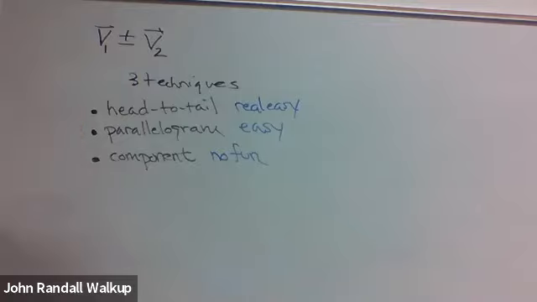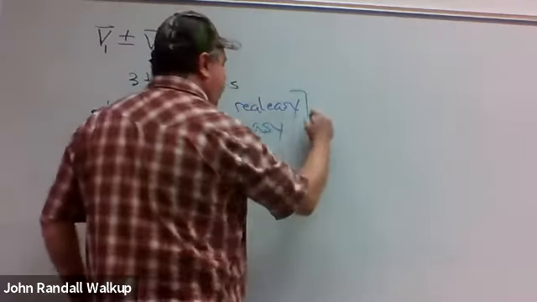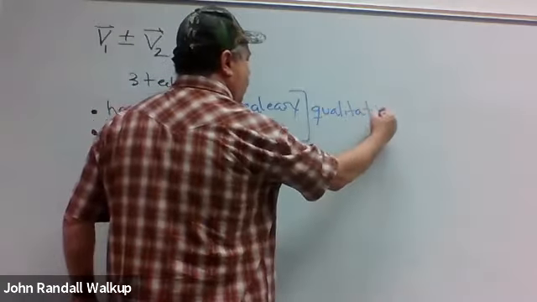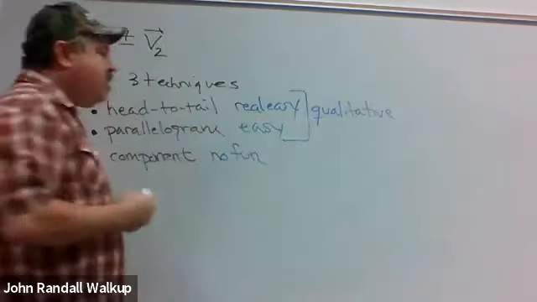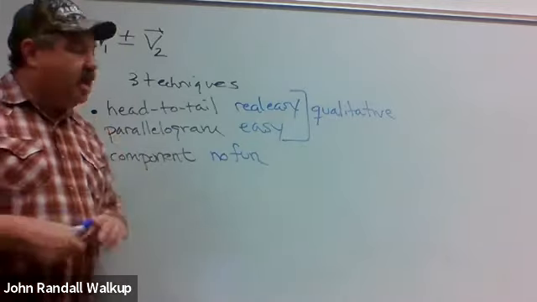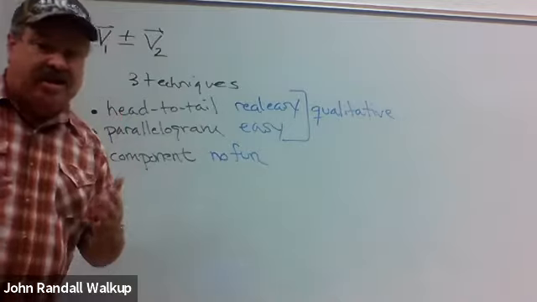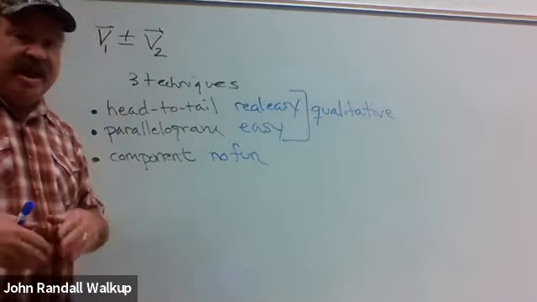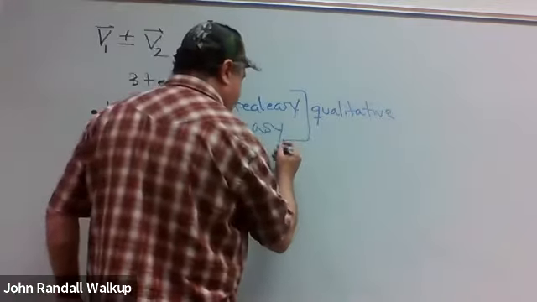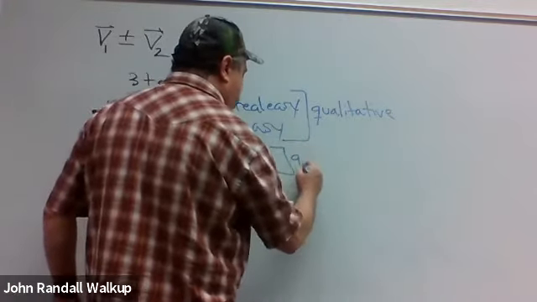The head to tail and the parallelogram are qualitative. They only give you a kind of a general idea what the answer is supposed to look like. If you want the actual real answer with numerical values that are precise, then you have to go to this one, the component method, which is quantitative.